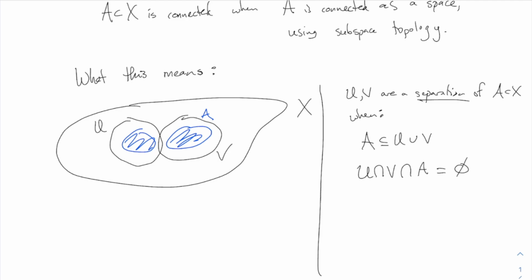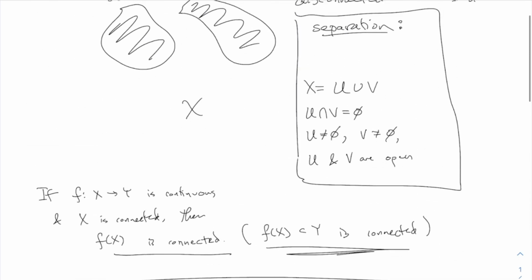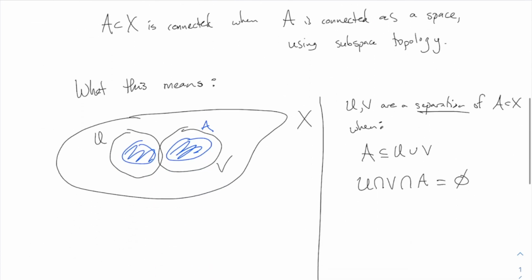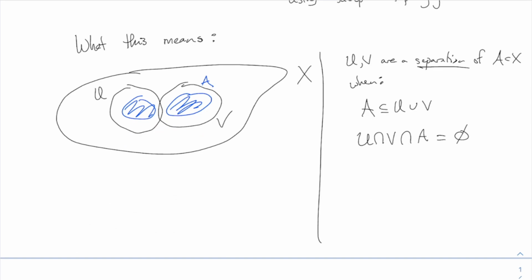And then the other property was U and V cannot be the empty set. That's kind of true. Really what we need to say is that the part of A which is in U can't be the empty set, and the part of A which is in V can't be the empty set. You're not allowed to have a U, like over here, which doesn't interact with A at all.